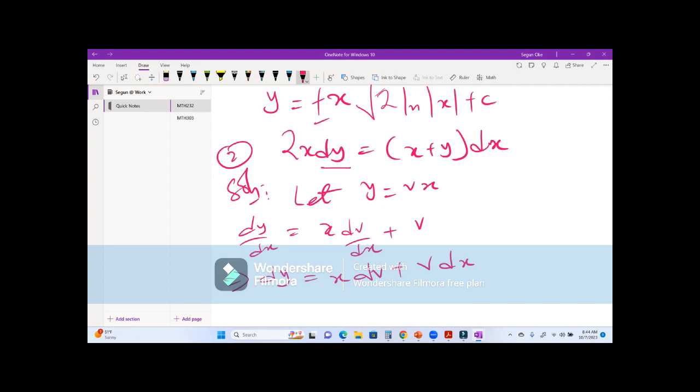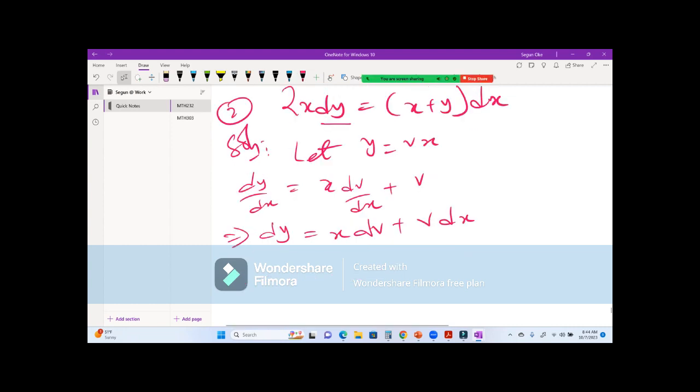So anywhere I see dy, I will substitute this equation there. Let's call this equation star, and I know my y to be vx. Let's call this one equation 1.